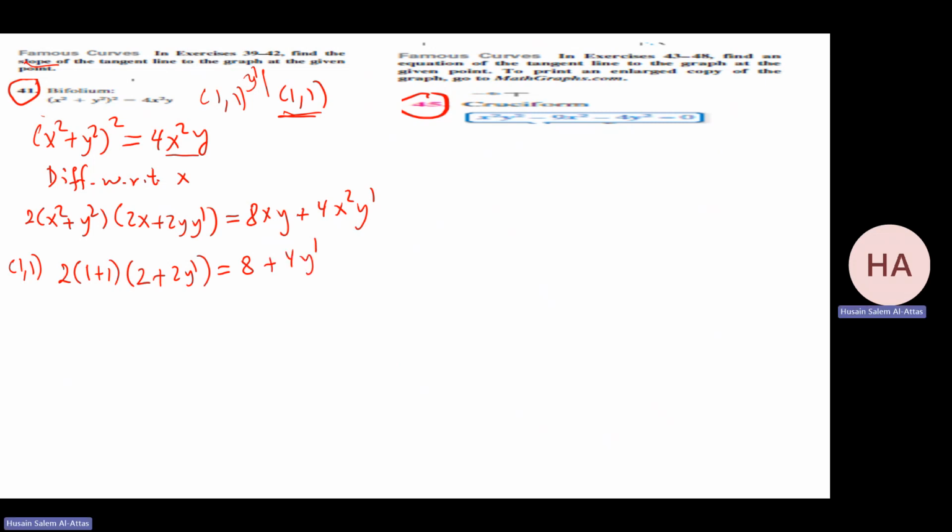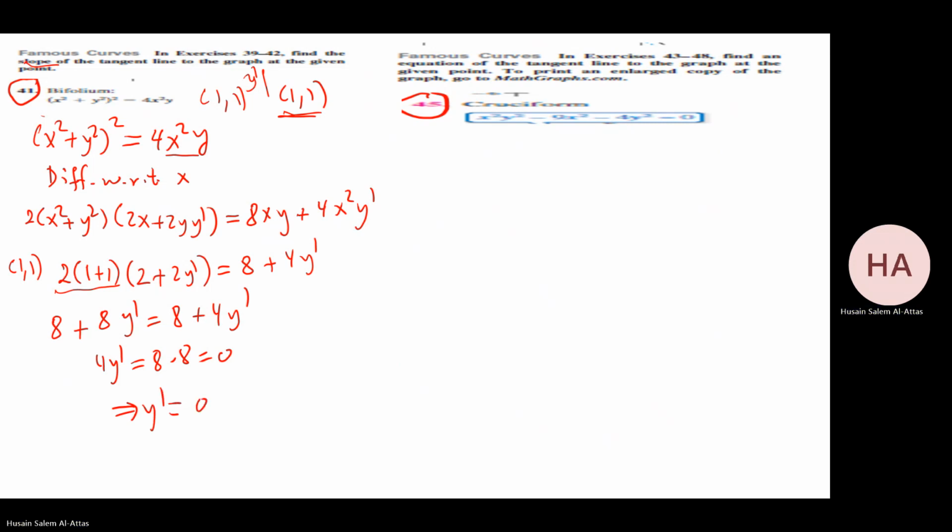So 4 times that gives me 8 plus 8y prime equals 8 plus 4y prime. So I have 4y prime equals 8 minus 8, which is 0. So y prime equals 0. That's it.